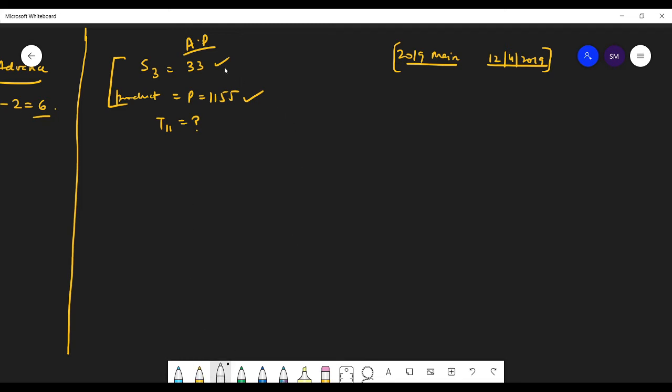So see what information you can extract from the given, and see what you are supposed to find. T11, so T11 means a plus 10d.